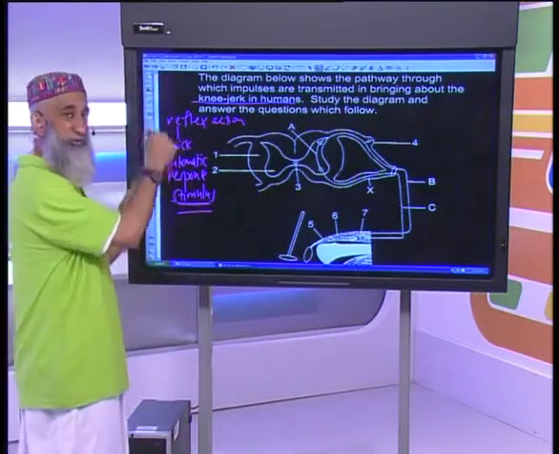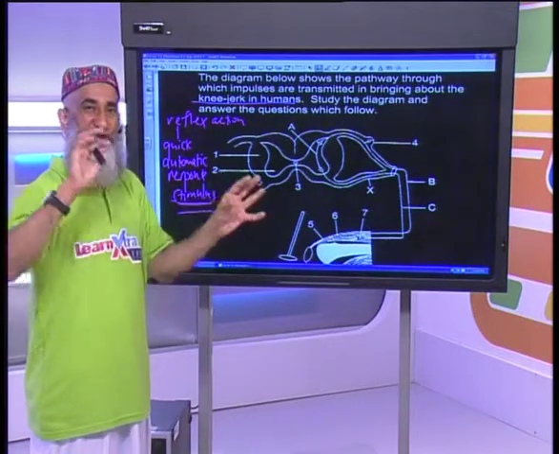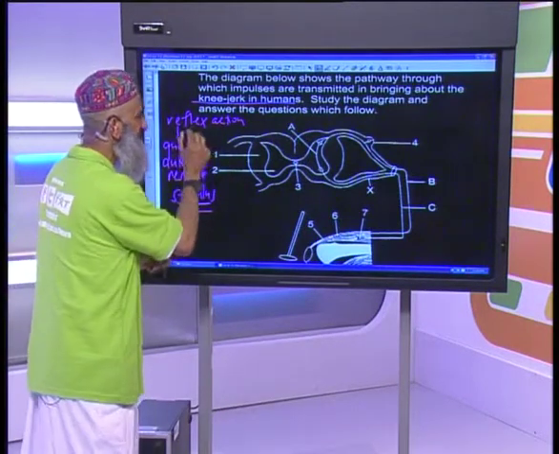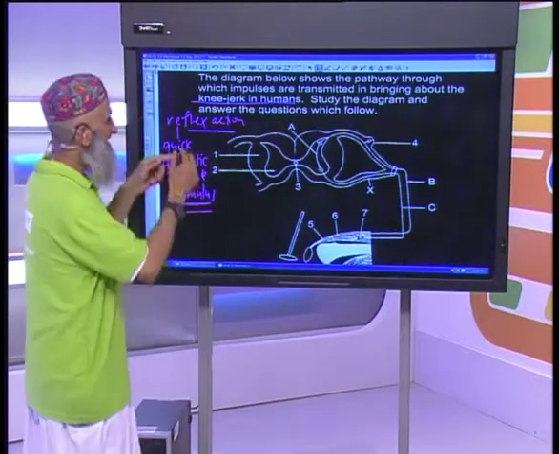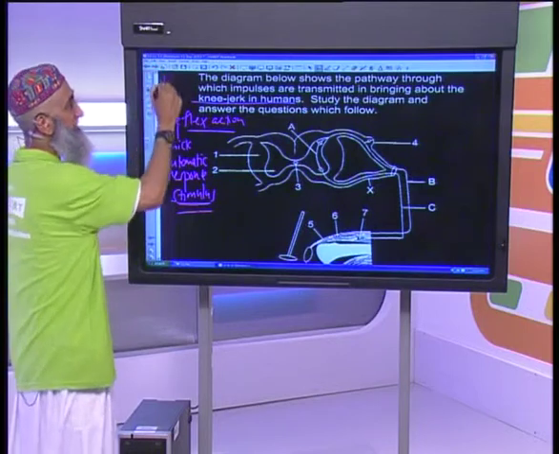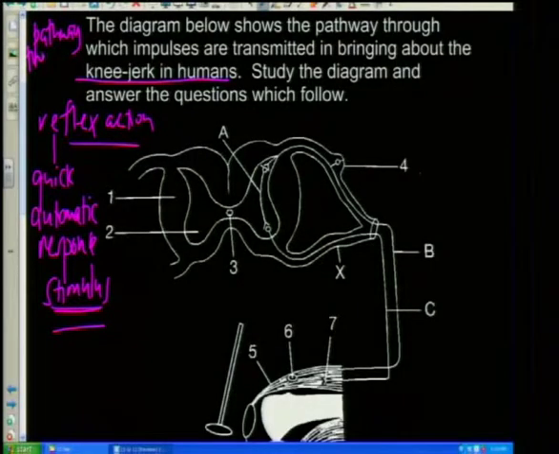A reflex arc, on the other hand, is the pathway. It's just a difference between a noun and a verb. Reflex action is the verb. It's a quick automatic response to a stimulus. A reflex arc is the pathway, I'm going to add this on the top, pathway that an impulse follows to bring about a quick automatic response to a stimulus. So you see in these two definitions, this last part is in both definitions.